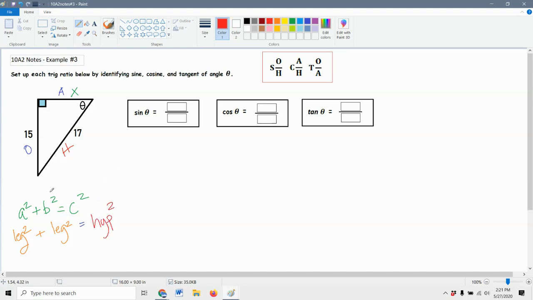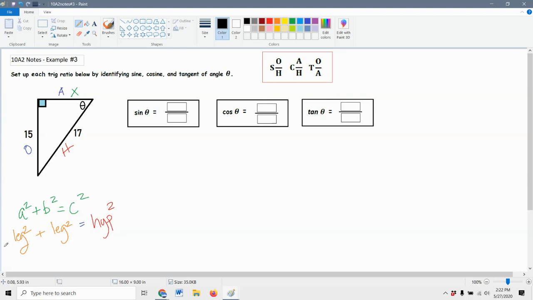This is just another way of remembering that formula that comes from the Pythagorean Theorem. Leg squared plus leg squared equals hypotenuse squared. And we can work that really quick and find out what that missing side is so that we can fill in those trig ratios.